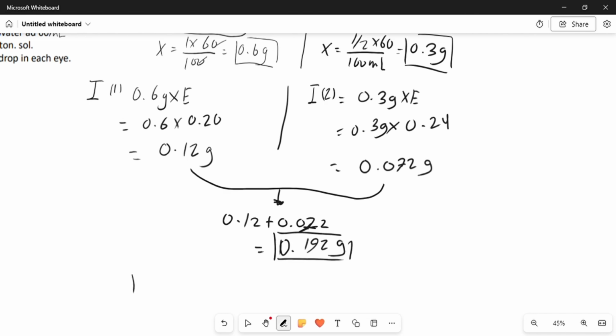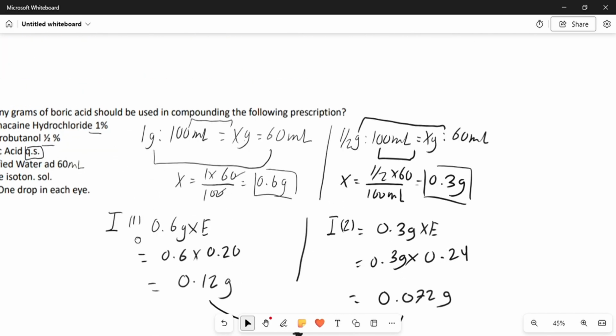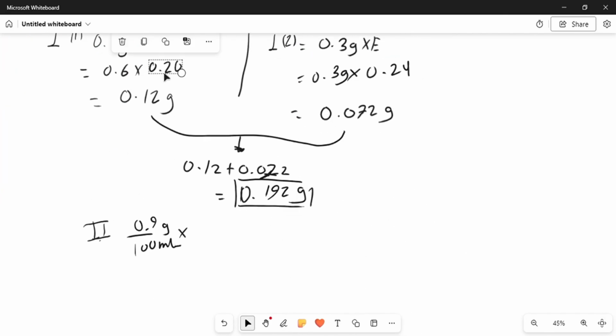So let's proceed to step 2. Step 2 is very easy. It is 0.9 over 100 ml, and here's grams, times the volume. So what is our volume? It is 60 ml. Then we will cancel out ml with ml, and we will yield 0.54, and that will be in grams.